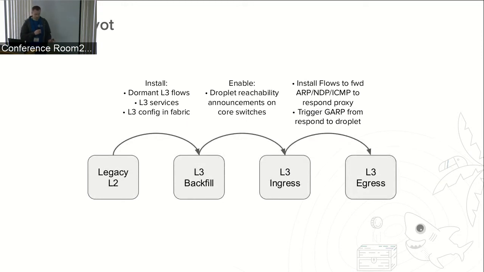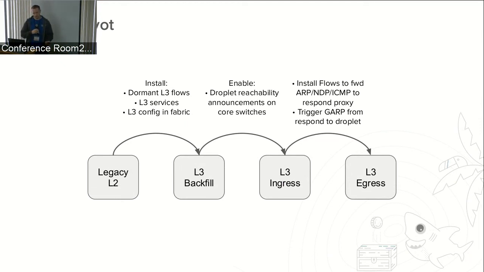And then the actual pivot itself, going from legacy L2 to L3 backfill, our first state within the pivot. We install those L3 flows that are dormant at the beginning. We also install the L3 services and configure the fabric to create that L3-specific VLAN and other configuration that's needed.